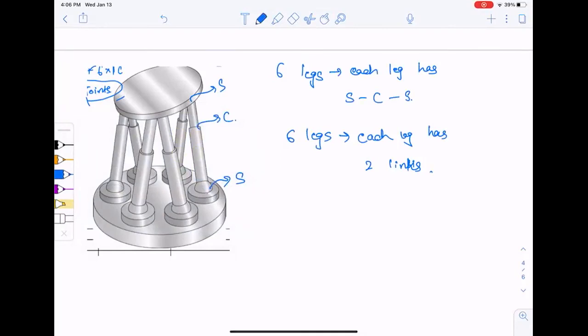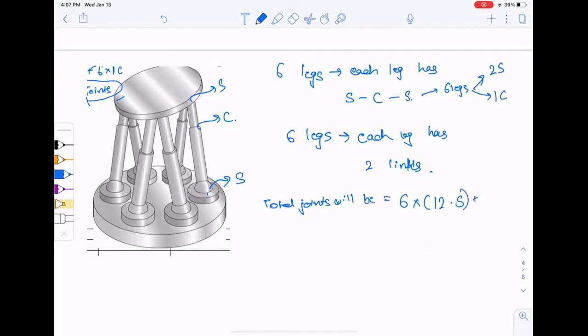So total number of joints will be 6 into 12 S, because we have 6 legs over here, and each leg has 2 spherical joints and 1 cylindrical joint, plus 6 into C. So we have total 18 joints.